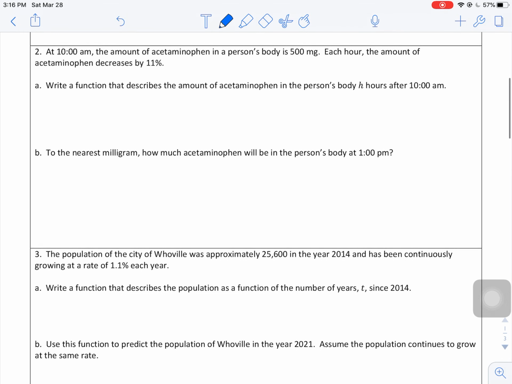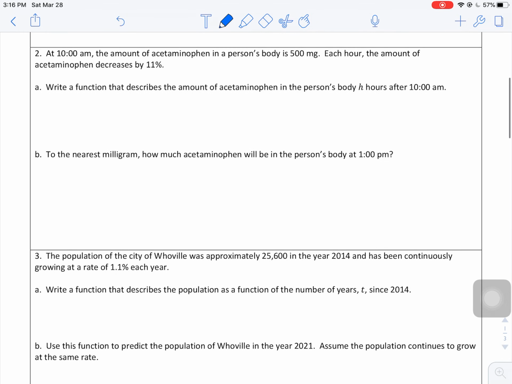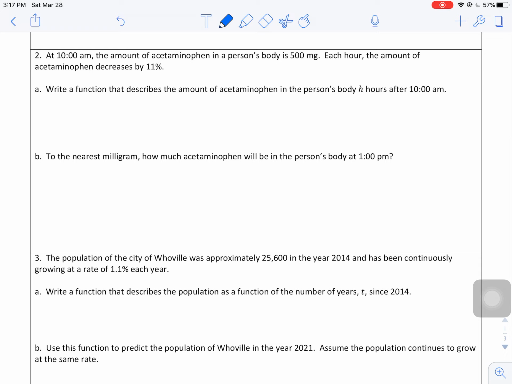On number 2, at 10 a.m., the amount of acetaminophen in a person's body is 500 milligrams. Each hour, the amount of acetaminophen decreases by 11%. Write a function that describes the amount of acetaminophen in the person's body 8 hours after 10 a.m. So this is going to be an exponential problem.